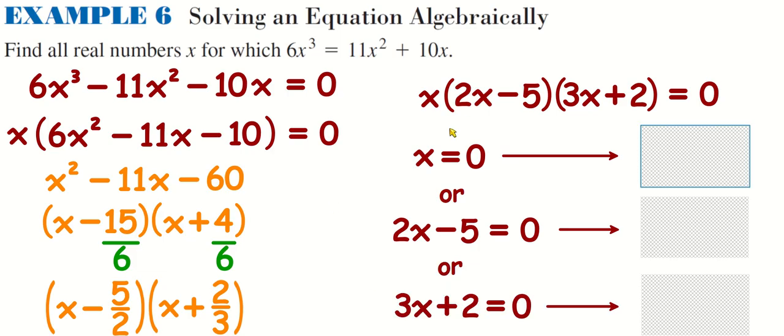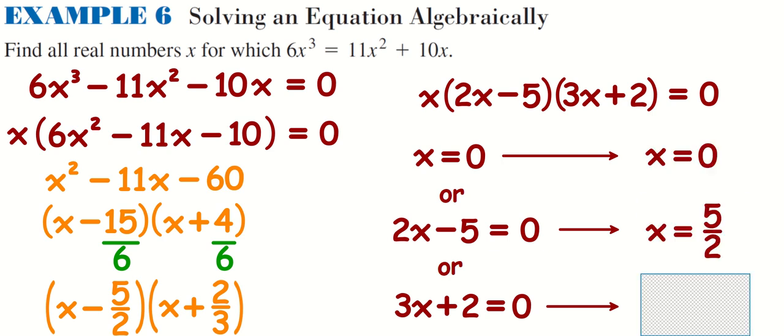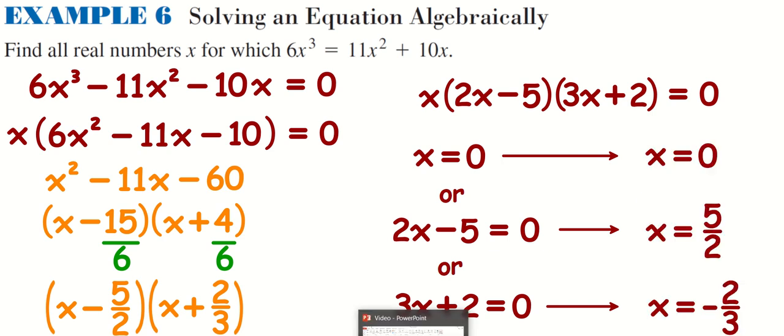Because again, this refers back to the zero product property. If all these multiplied together equals 0, well then x would equal 0, or this bubble factor would equal 0 in disguise, or this factor would equal 0 in disguise. And that eventually leads to 3 different answers.